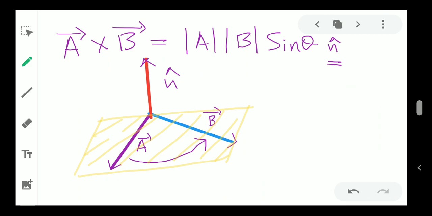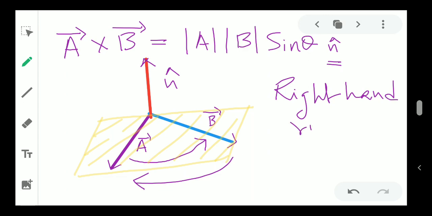You can see one more thing: if we do b cross a, in that case my thumb will point down, since I'm using the right hand rule here. So when you use the right hand rule, your thumb will point down if you go b cross a, that means that one should be the down one, and it will not be the up one.